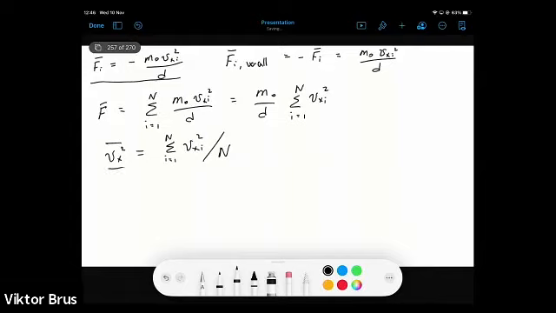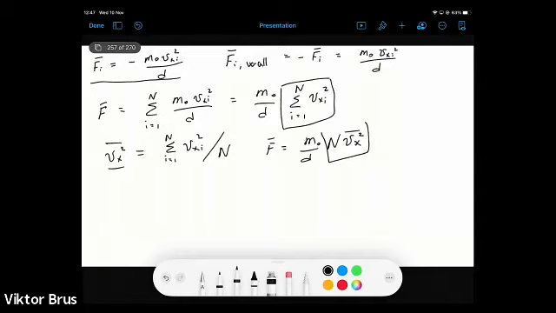So with this average Vx squared for all molecules, we can now express the average force as m naught divided by d times n times Vx square average. So instead of this sum, we can put n times Vx square average.